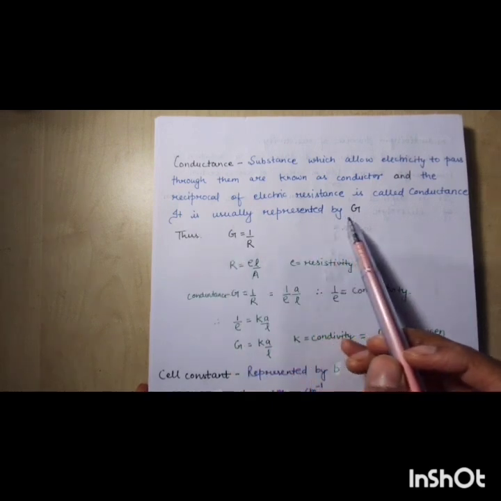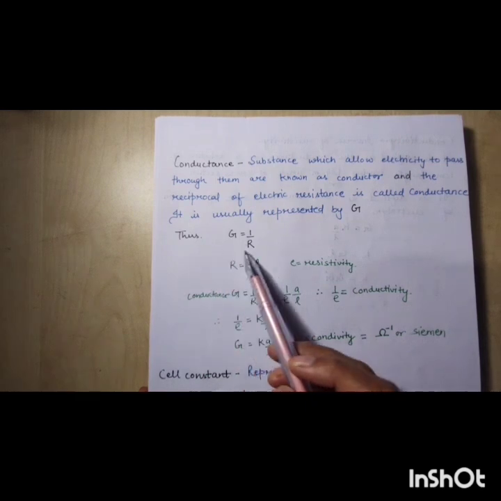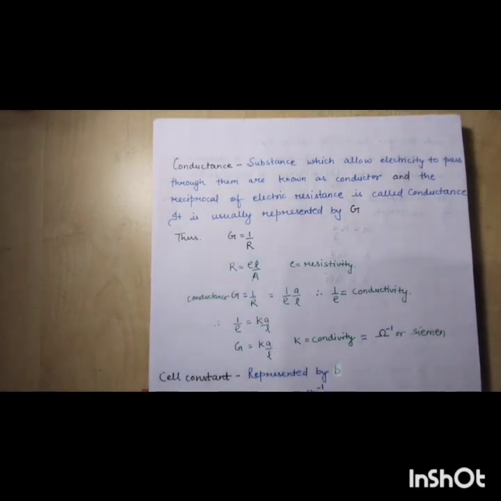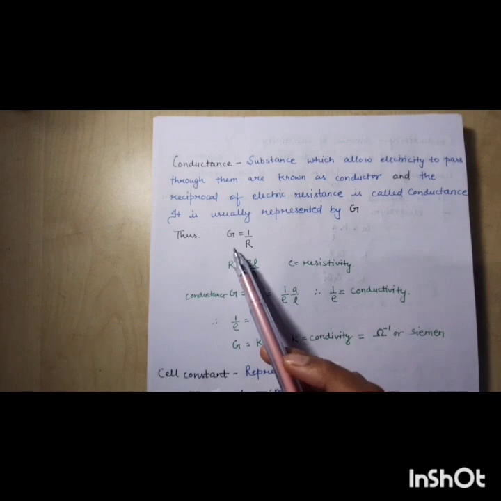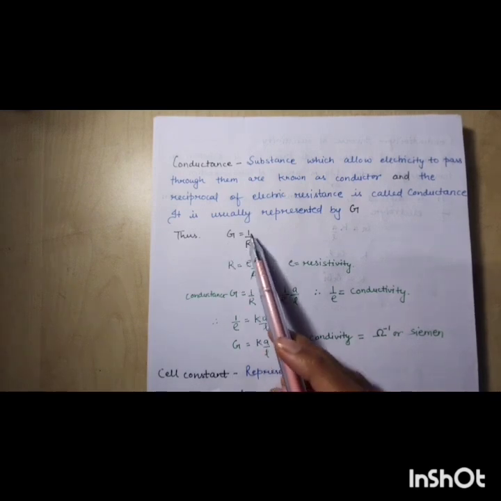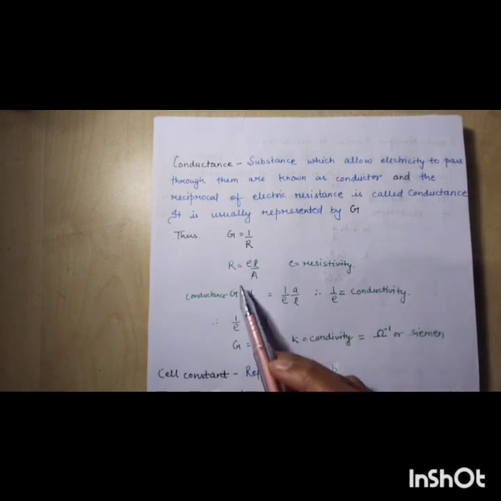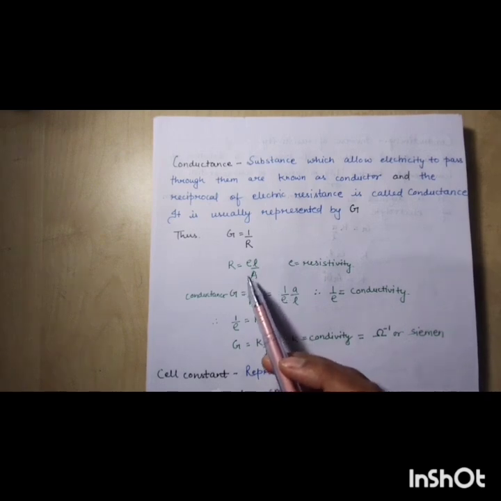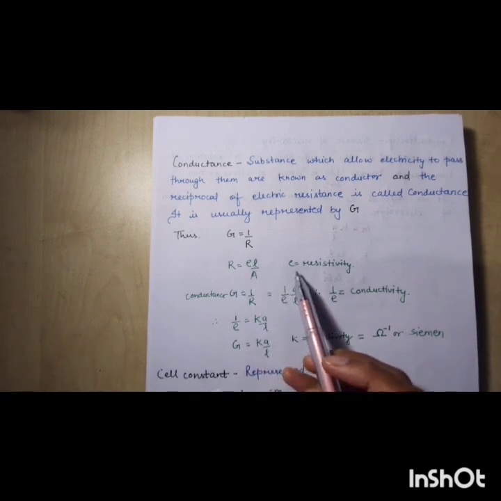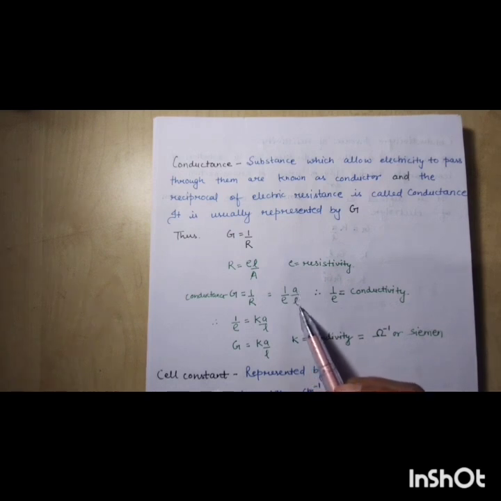It is usually represented by capital G, and from this we infer that conductance is inversely proportional to resistance. As you have read in class 10th or 9th, resistance is equal to rho into L upon area. Rho is resistivity and conductance is the inverse of resistance, that is 1 by rho, and area by L.